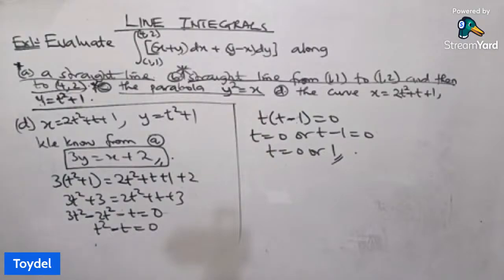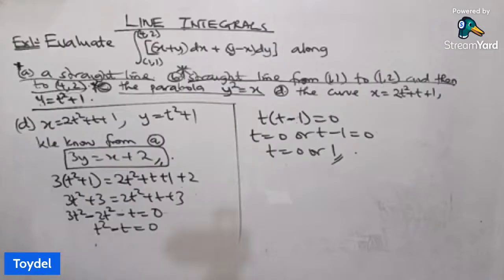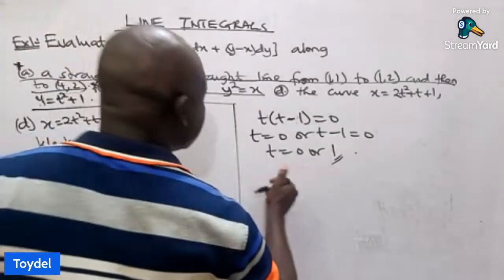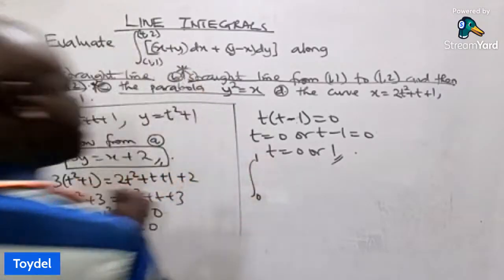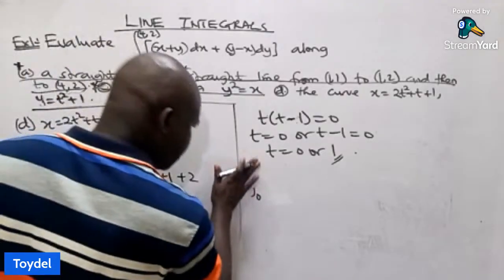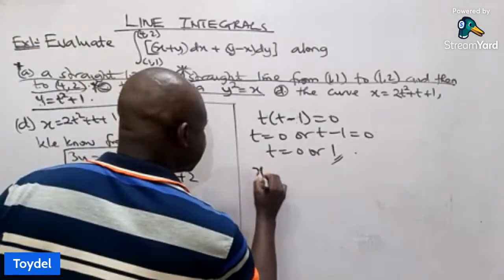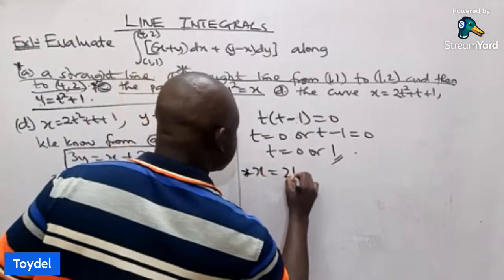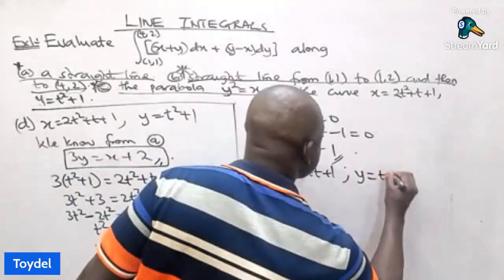So if you are evaluating this line integral along this curve, with x and y in terms of t, then this will represent the lower and upper bound. That is, we now say integral from 0 to 1 because we are differentiating now with respect to t. If x is equal to 2t squared plus t plus 1, then y is equal to t squared plus 1.